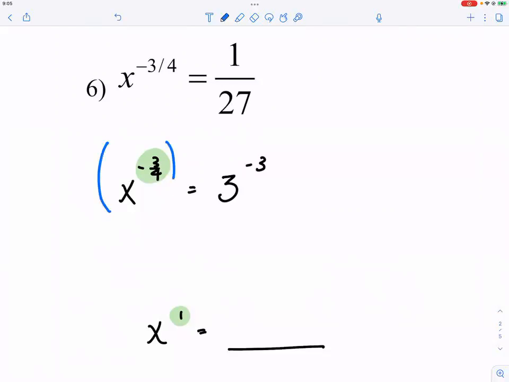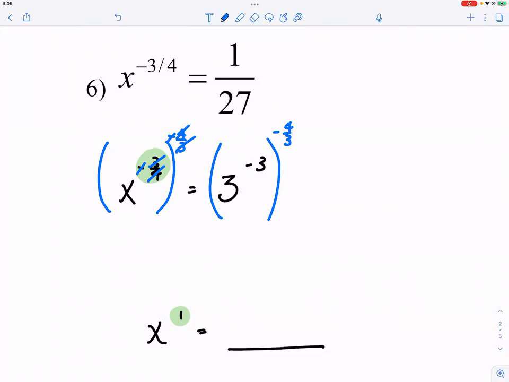A very direct and easy way to do it is multiplying by the reciprocal for the exponent on both sides. In this case, the negative and negative would cancel each other out. The 4 and 4 would cancel each other out, and 3 and 3 cancel each other out.